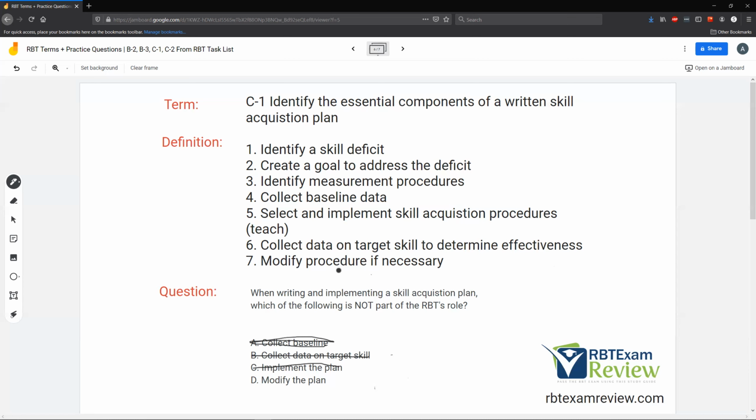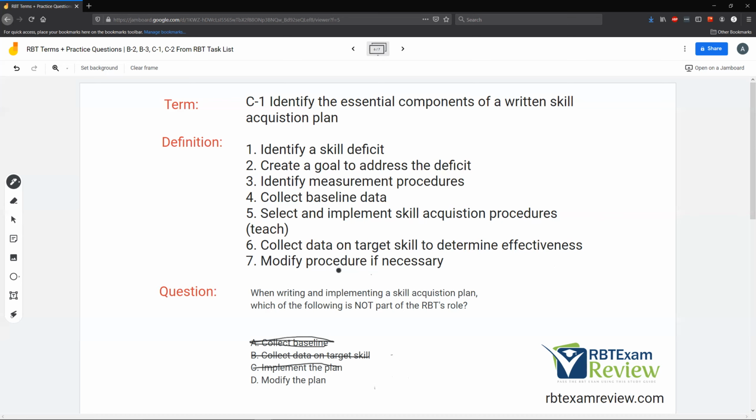Working as a team, collaborating. But you should never go into a session and say, well, I've mastered this skill, so I'm going to start opening these other skills. Or I don't think this procedure is working, so I'm going to try this. If you're going to do that, you need to communicate that to your supervisor or BCBA and let them give the approval, let them modify the procedure.